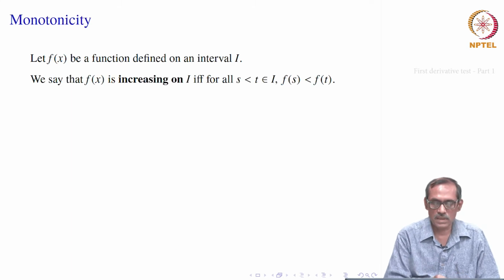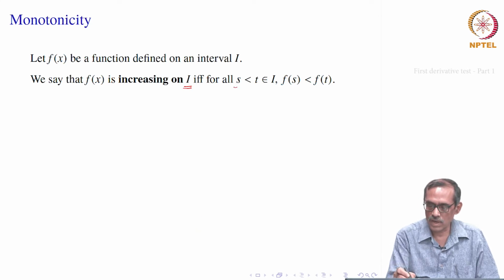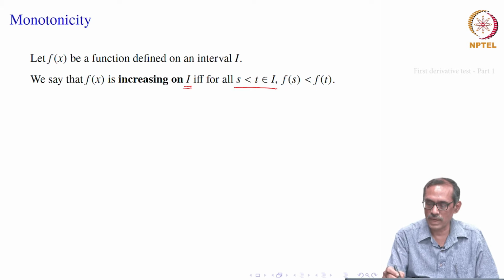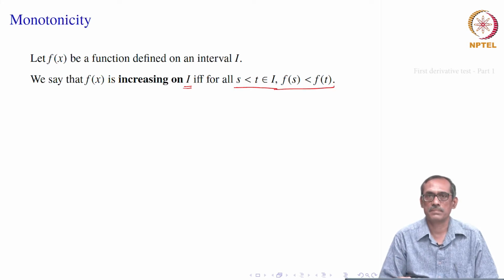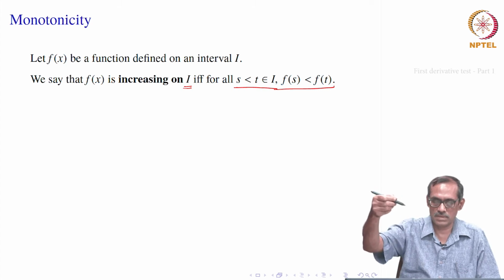Now for this function we say that it is increasing on I. You could have taken a subset of that I, say J, and say that it is increasing on J. We are writing directly on I. f(x) is increasing on I if, for any two points s and t inside that interval I, if s is less than t, then you should have f(s) less than f(t). So, t is to the right and f(t) is above f(s). That is how you say it is climbing up or it is increasing.